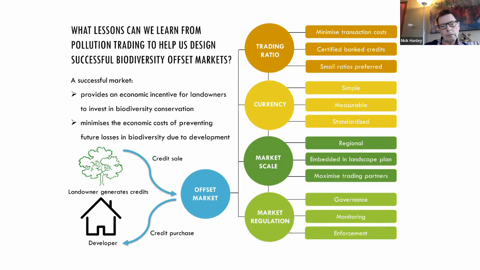And the first one of those is the trading ratio. So that's if I want to increase my emissions of pollution at this location, how many permits do I need to buy from a seller at some other location if we're thinking about a non-uniformly mixed pollutant?